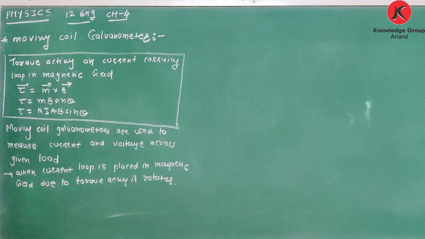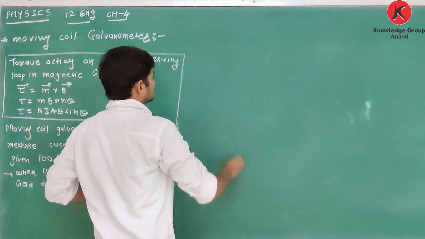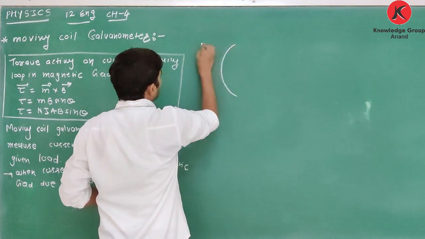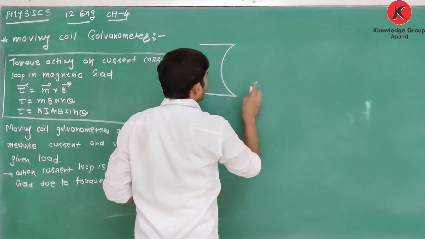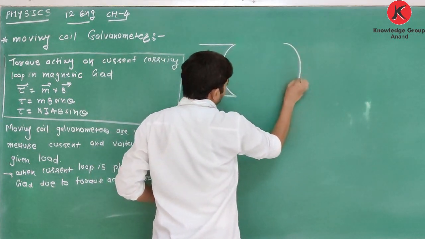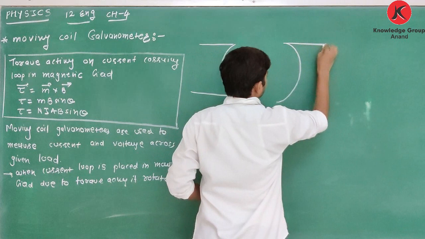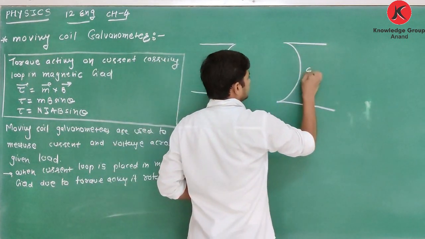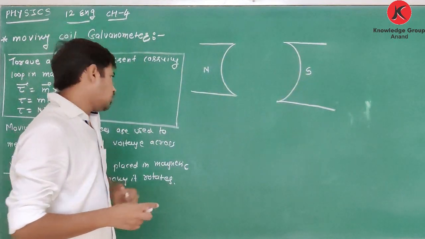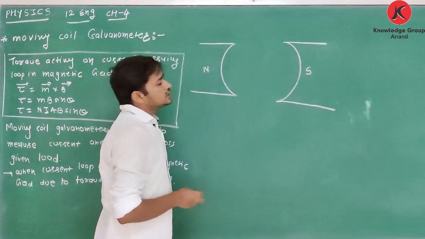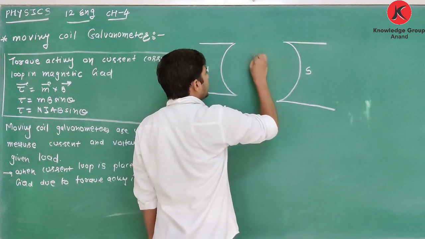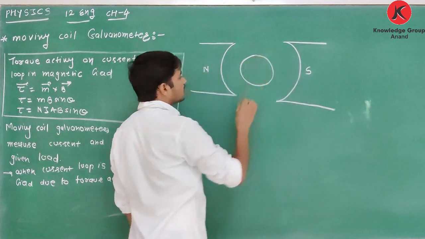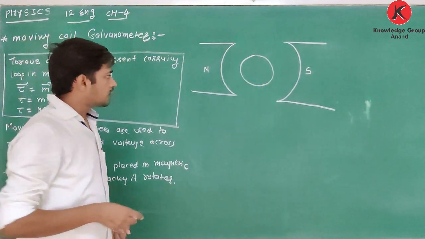Now what is its construction? Two magnetic poles are used like this, a north pole and a south pole. Clear about this? Between these two magnetic poles, one cylindrical core of soft iron is placed.